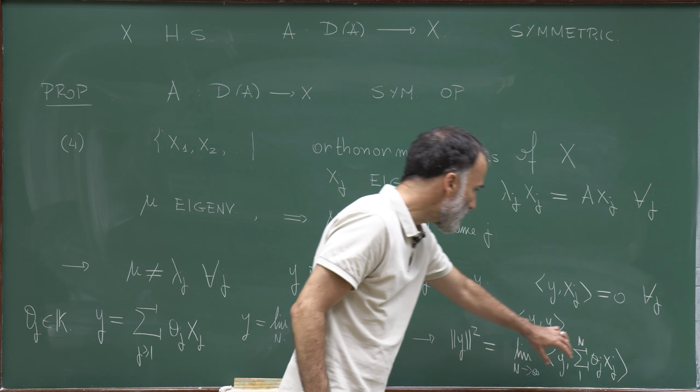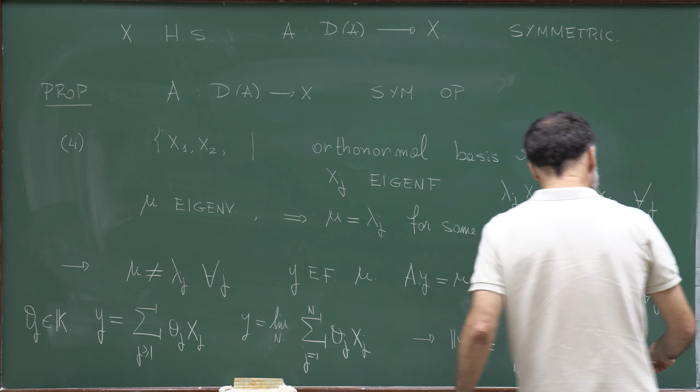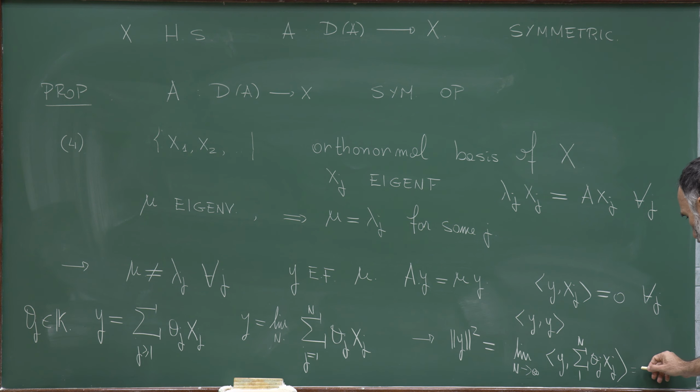And by linearity, I can write this as the limit of the sum of the complex conjugate of theta j times the scalar product of y with xj.